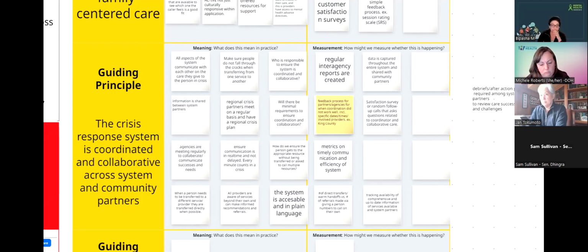If you want to move to the next guiding principle, or if you'd like to stay at this guiding principle and just identify some of the key themes that you're seeing here, it's up to you. Any preferences?